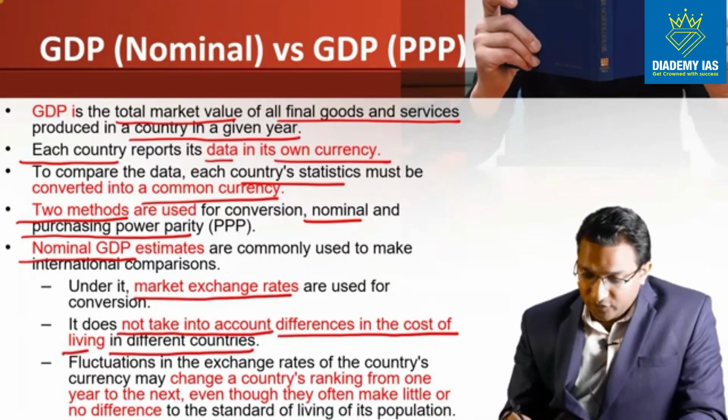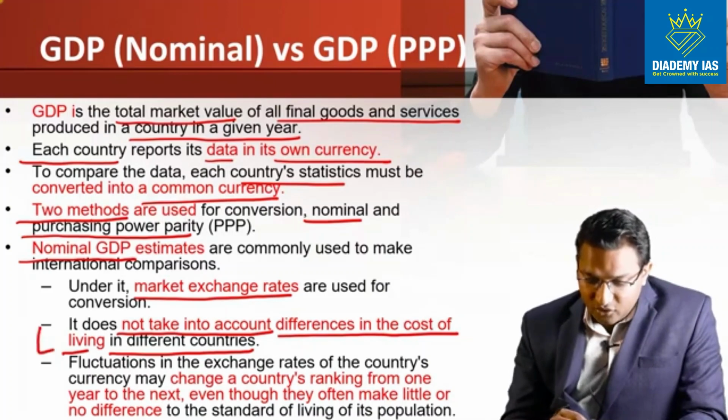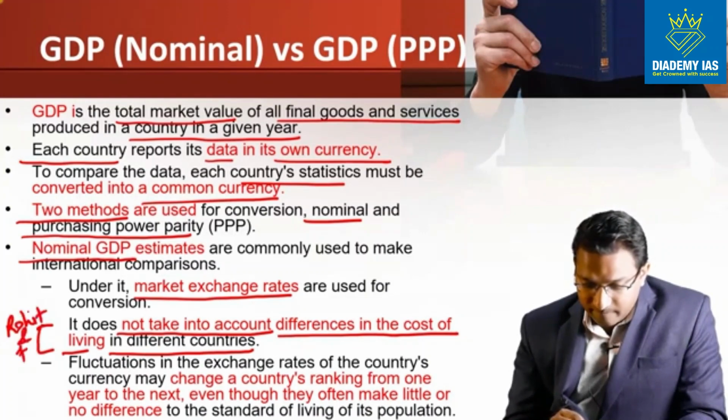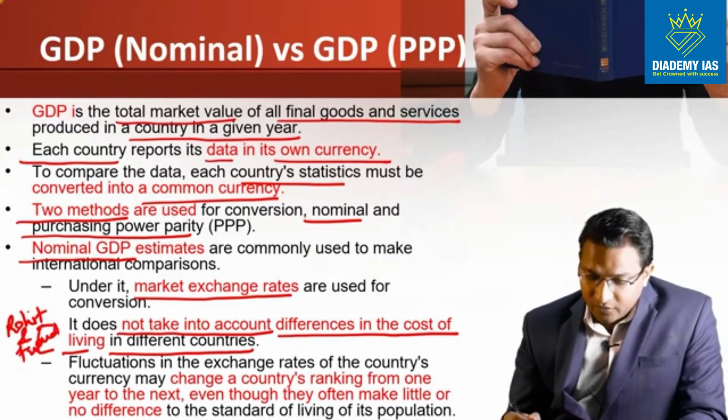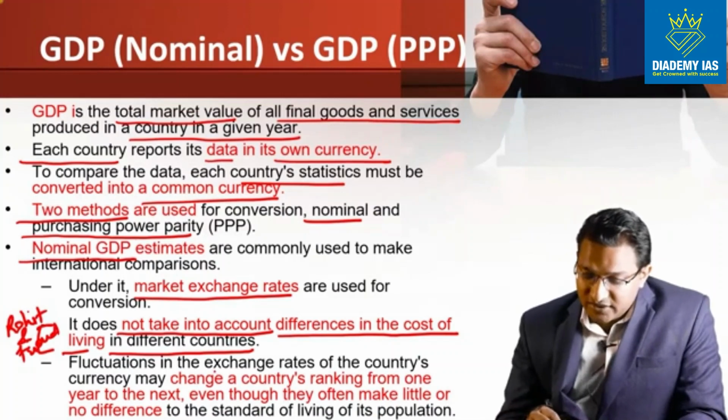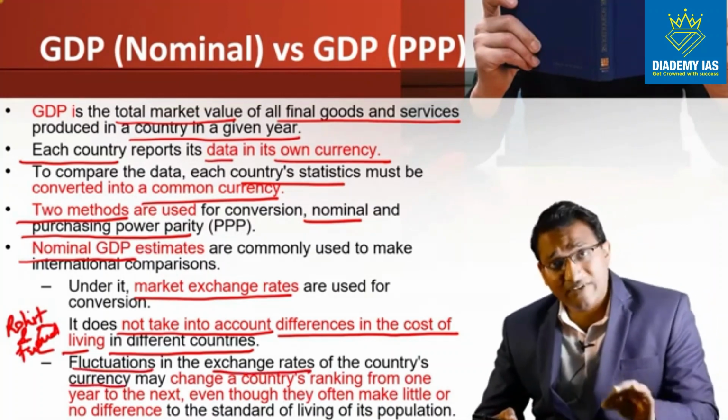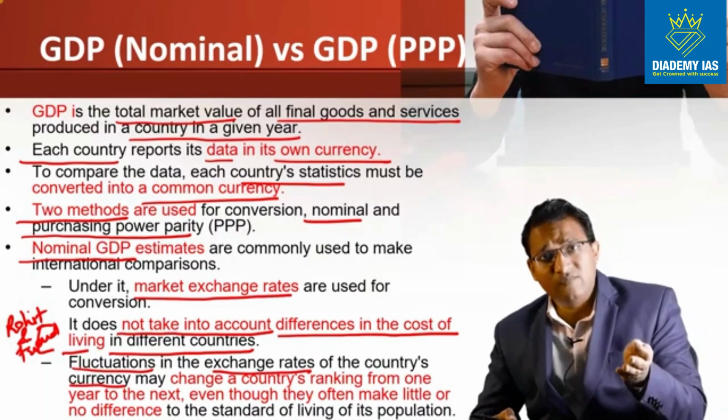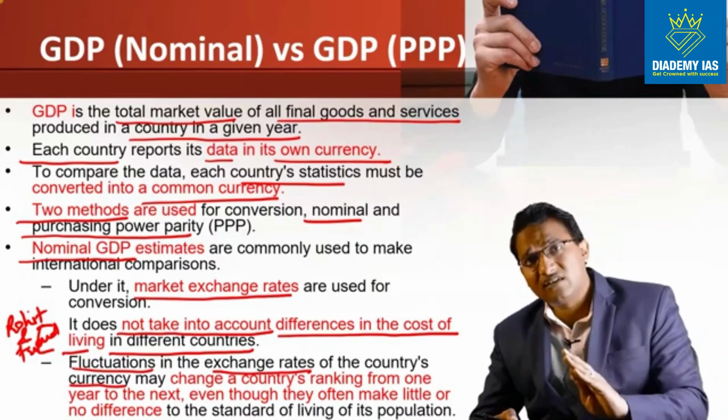Right? So for this, we can relate to the example of Rohit and her friend. Fluctuations in the exchange rate of the currency. So the exchange rates keep fluctuating because of different global factors.